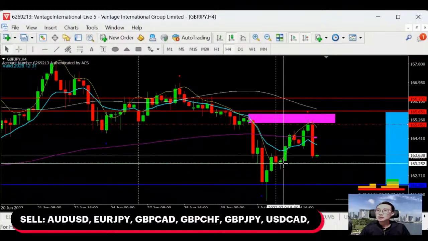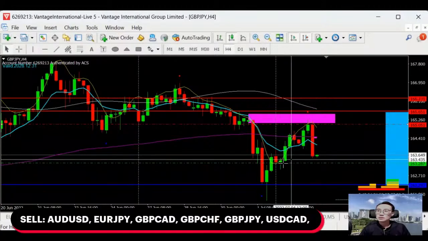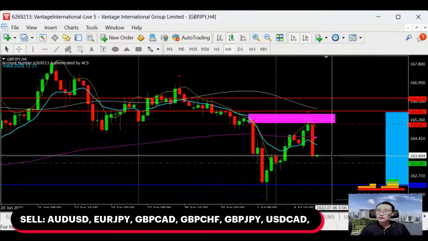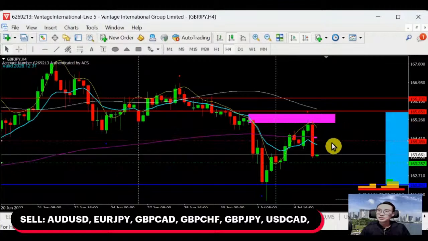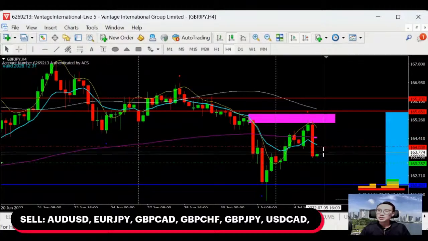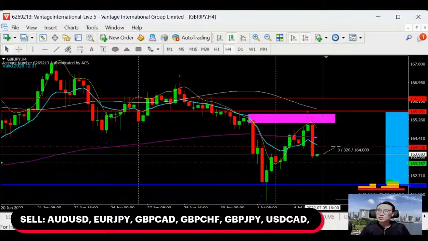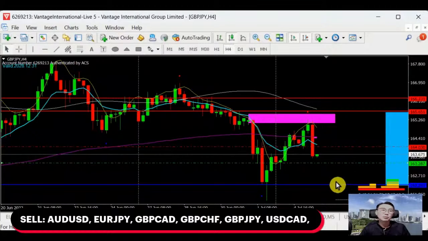Until here we have a higher support. This is the level where we are going for another higher support, but this is temporary. Then at this point we have a pullback for pound yen of about 30 pips. From there, probably there will be another selling opportunity.